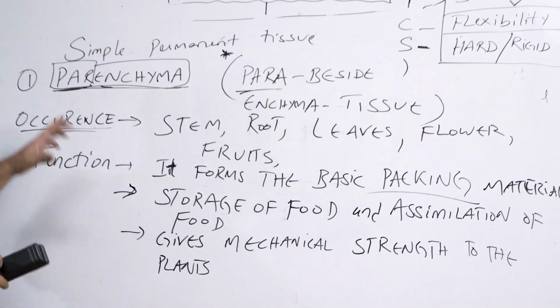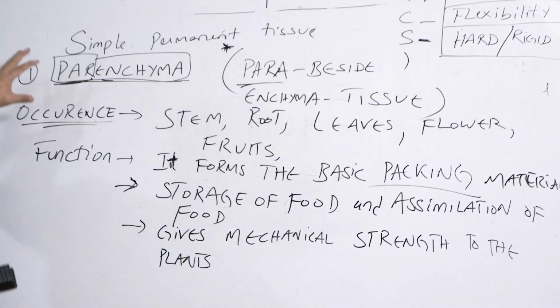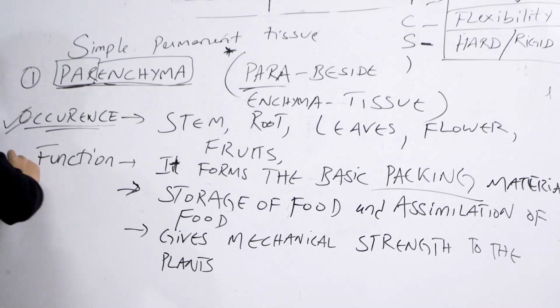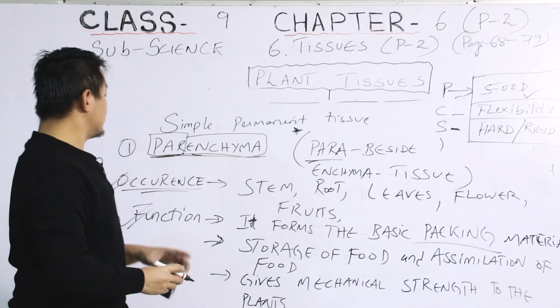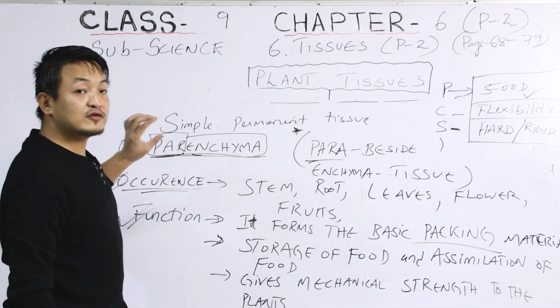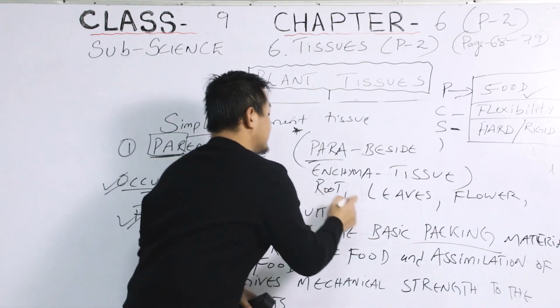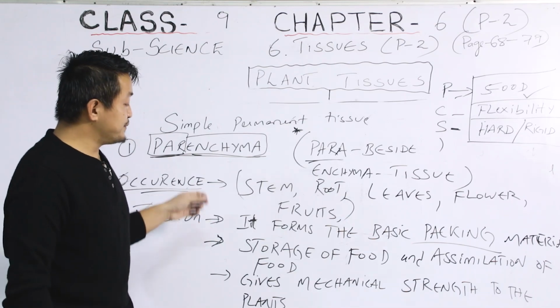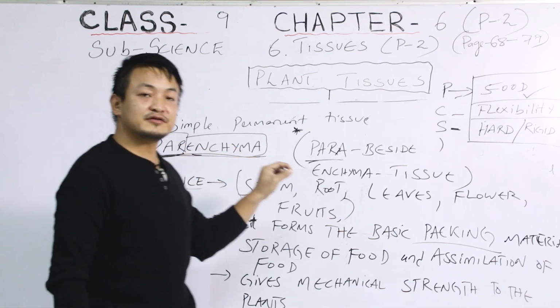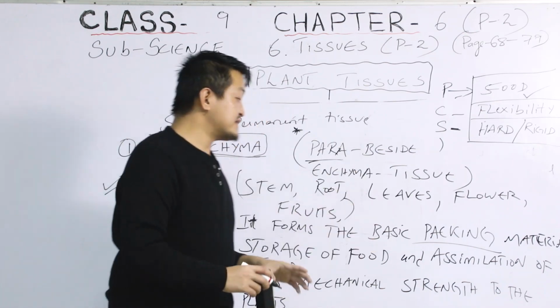So students, this is all. Under parenchyma, you have to know the occurrence and the functions. I have given it in very simple words. First, write the occurrence that I have given here. And I have given three simple functions: it forms the basic packing material for packing the cells and all.